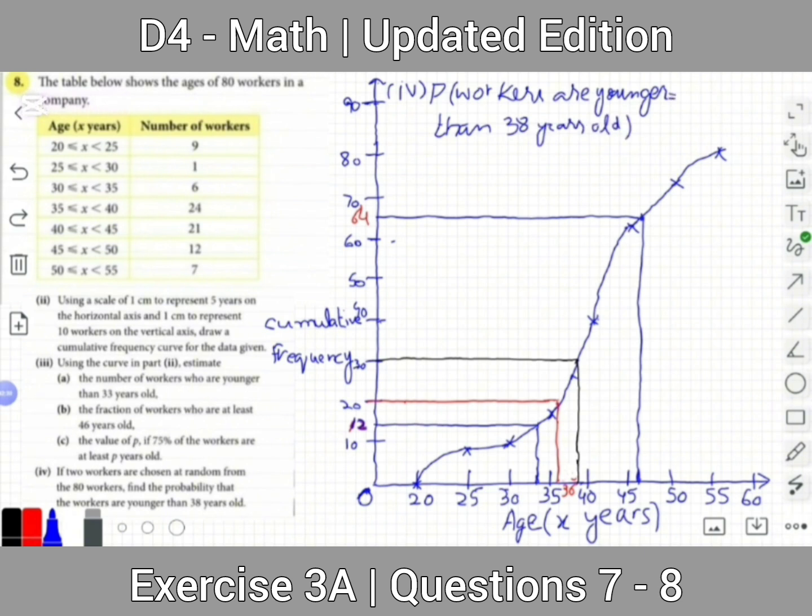So here the number of favorable outcomes in this case is 30 divided by total number of outcomes is 80. Since we have to select two workers at random, if we selected one worker, then the total number of workers left will be 79.